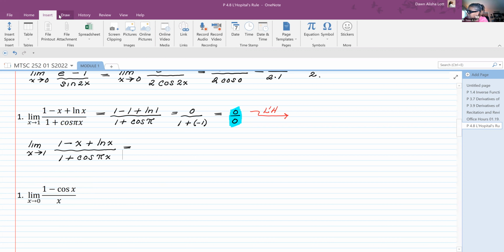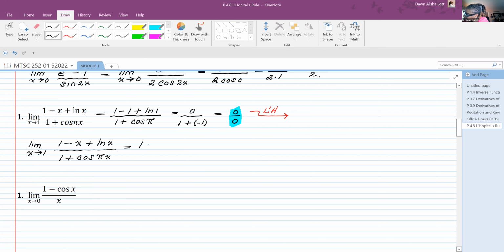So this now becomes the limit as x approaches 1. When I take the derivative of 1, that's 0. So I'm just going to get minus 1 plus 1 over x. And then I'm going to divide that by, the 1 is gone, the derivative of the cosine of pi x is going to give me minus pi, the sine of pi x.